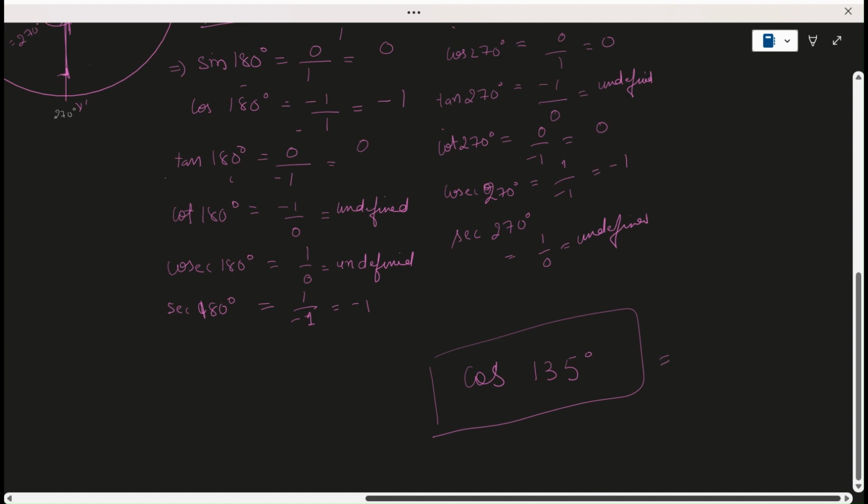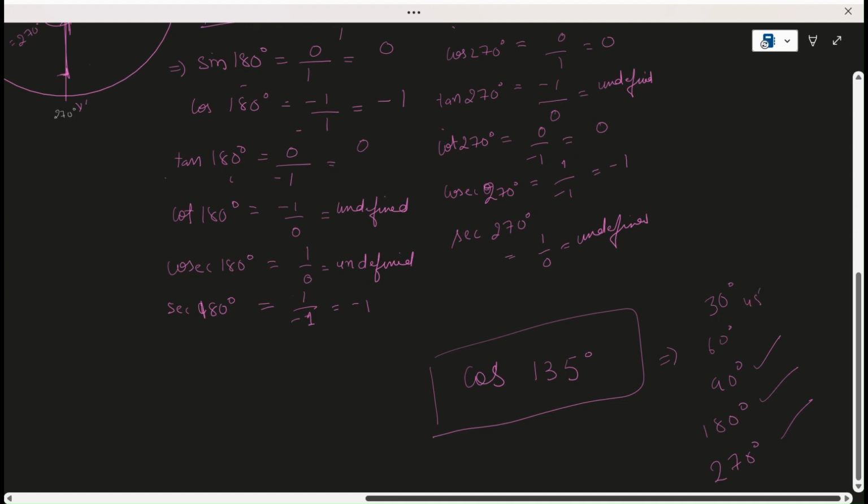We will see how, with the help of the basic angles, that is 30 degree, 60 degree, 90 degree, 180 degree, 270 degree, the angles on the axes, we can convert them into these particular values.